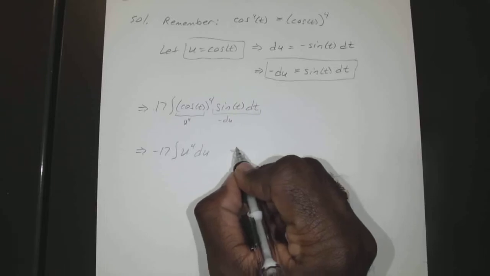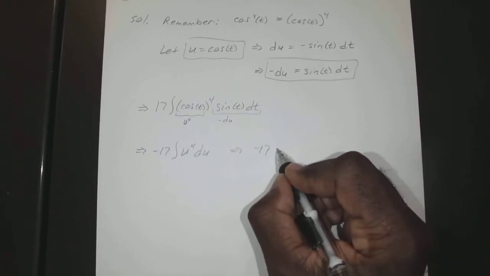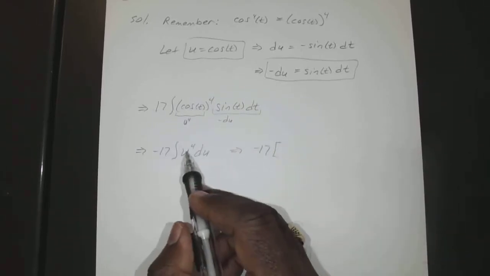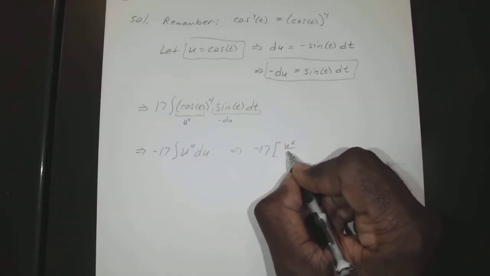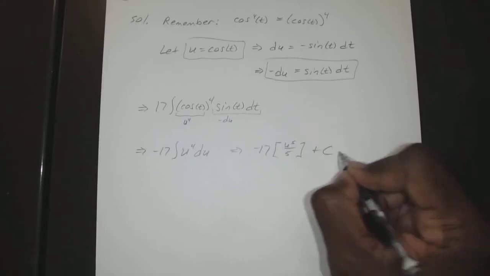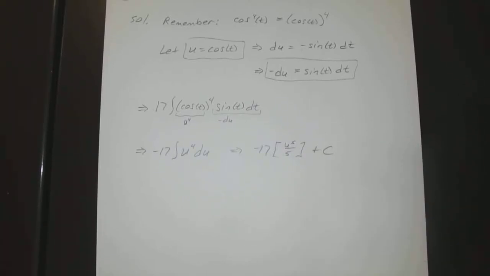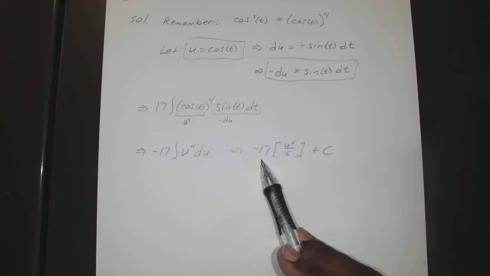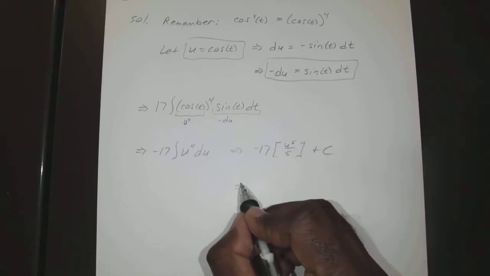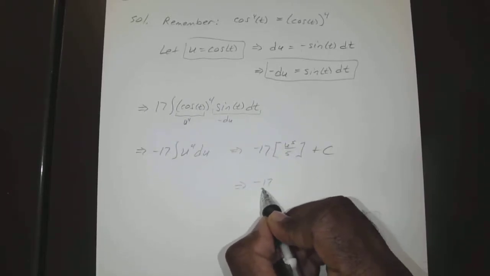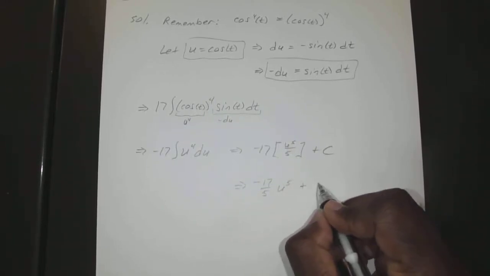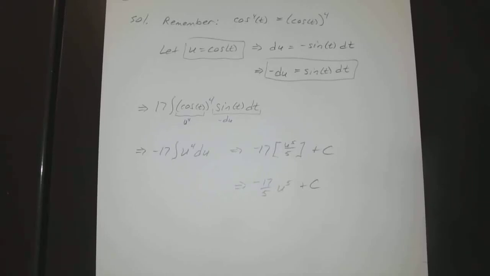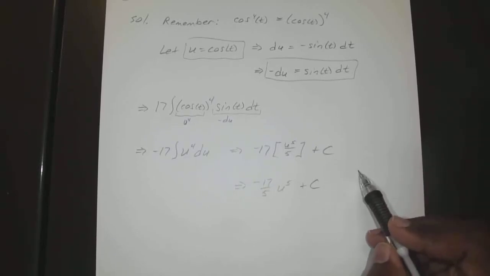Okay. And that will become negative 17 times u to the 5th over 5 plus c. Okay, we can bring that 5 right on out. So we have negative 17 over 5 times u to the 5th plus c. And then we just replace our u.